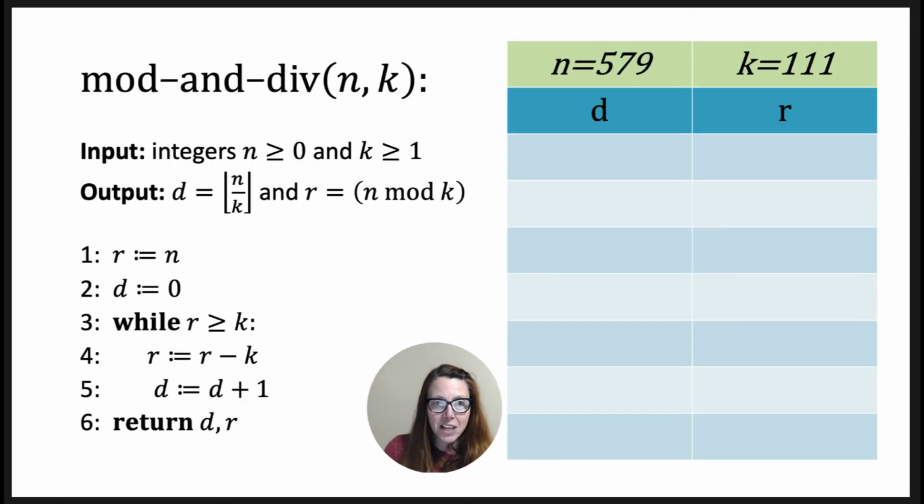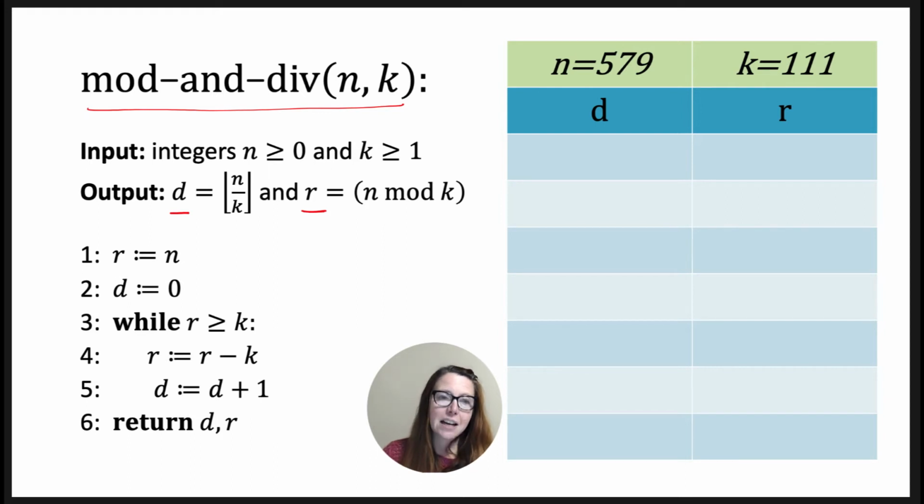So an example of what that looks like, and here's an algorithm, mod and div. It takes as input two integers, n greater than or equal to 0 and positive k. And it's going to output the values of d and r that we're trying to calculate. So the floor of n over k, the quotient, and n mod k, that remainder.